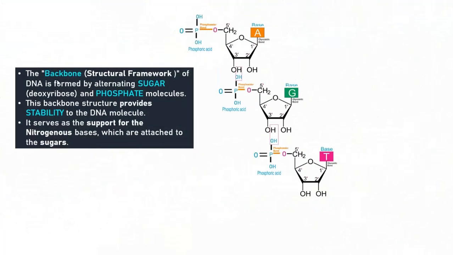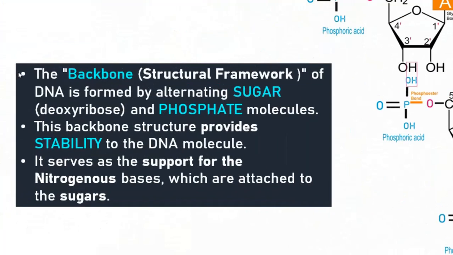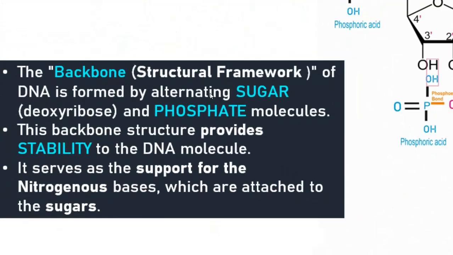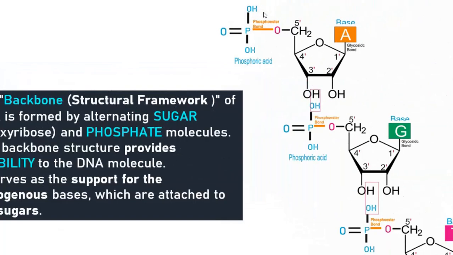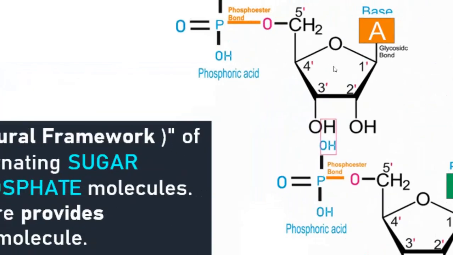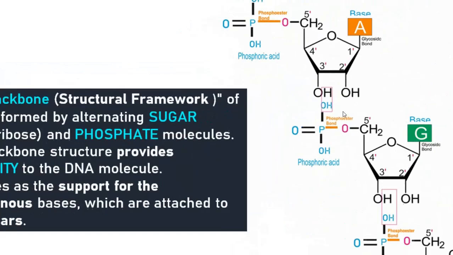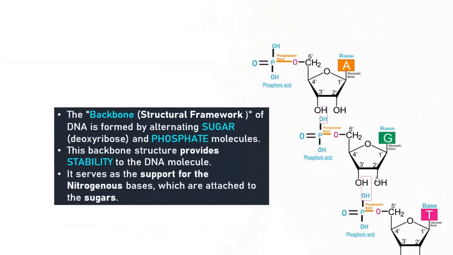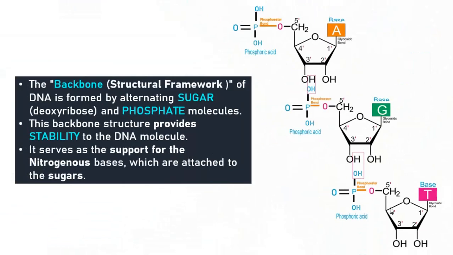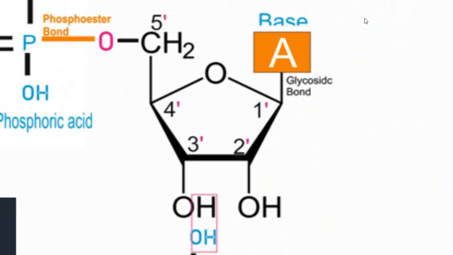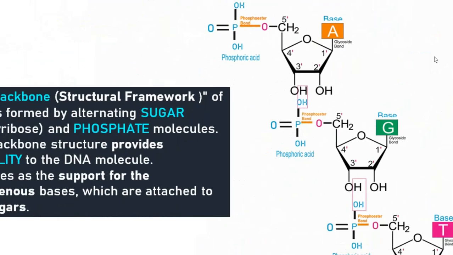When you look at this, the backbone, that means the structural framework of the DNA, is formed by alternating sugar and phosphate molecules. In the overall structure, the phosphate is present here and the pentose sugar here, then again phosphate, then sugar, then again phosphate and sugar. The nitrogen bases are projected inwards.